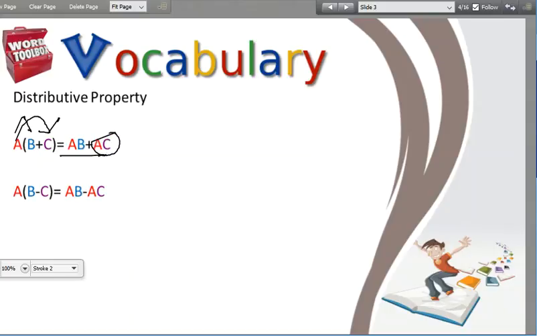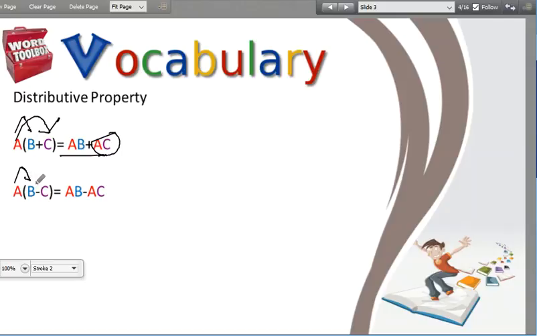Okay, if we have two terms that are being subtracted inside the parenthesis, the distributive property works the same. Because there is a number right next to the parenthesis, we would multiply both of the terms inside the parenthesis by what's out front.